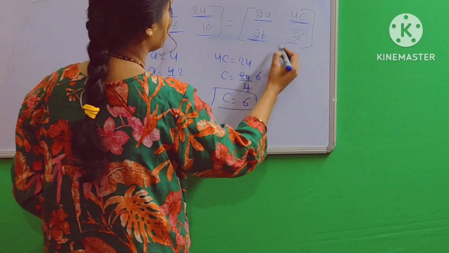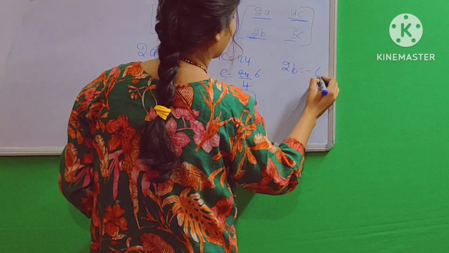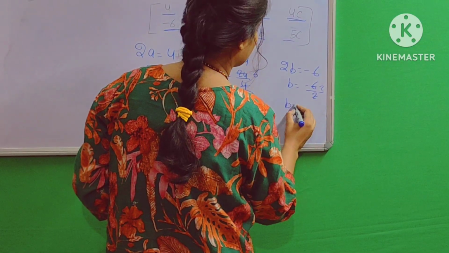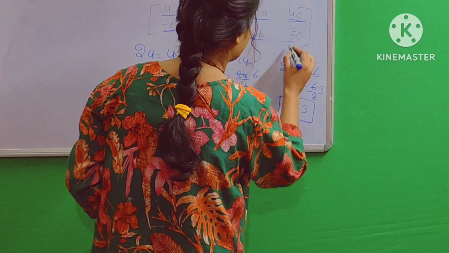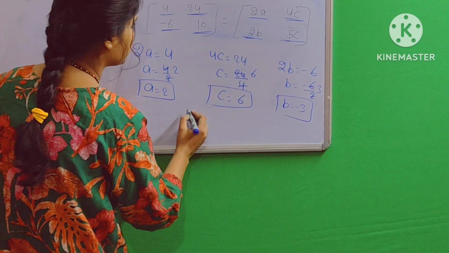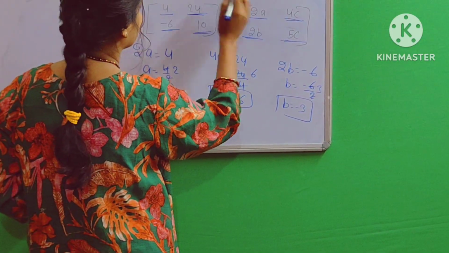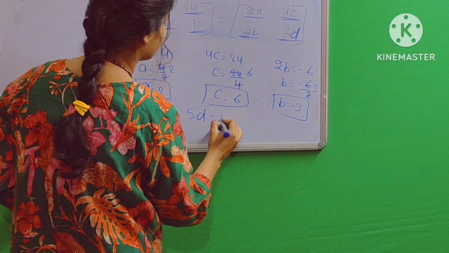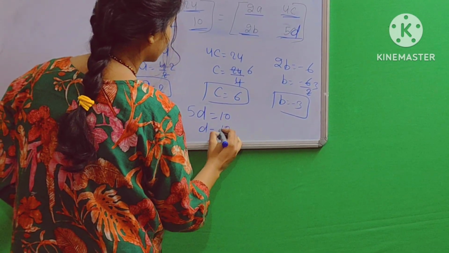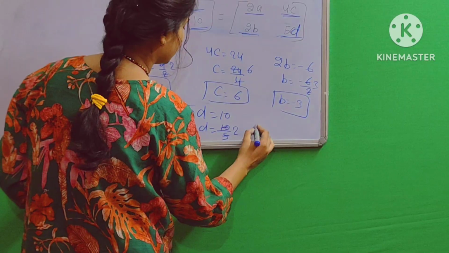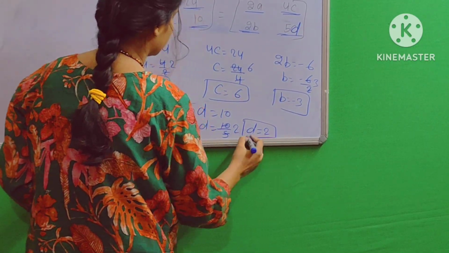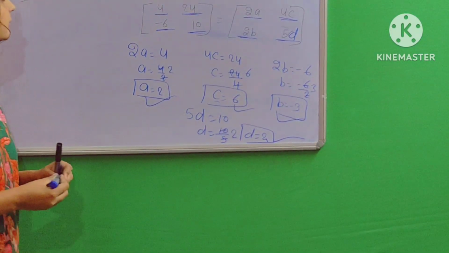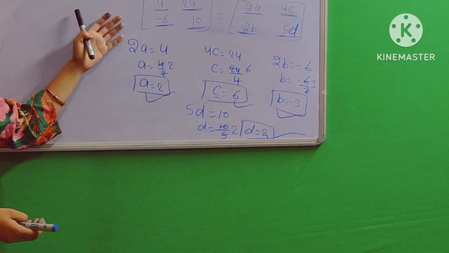And here 2B is equal to minus 6, so B is equal to minus 3. And here is D: 5D is equal to 10, so D is equal to 10 upon 5, so D is equal to 2. These are the values of A, B, C and D. This is our equal matrix.